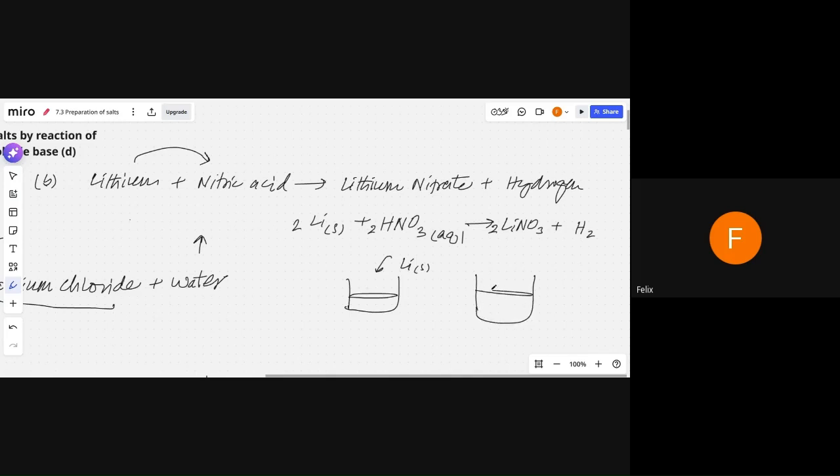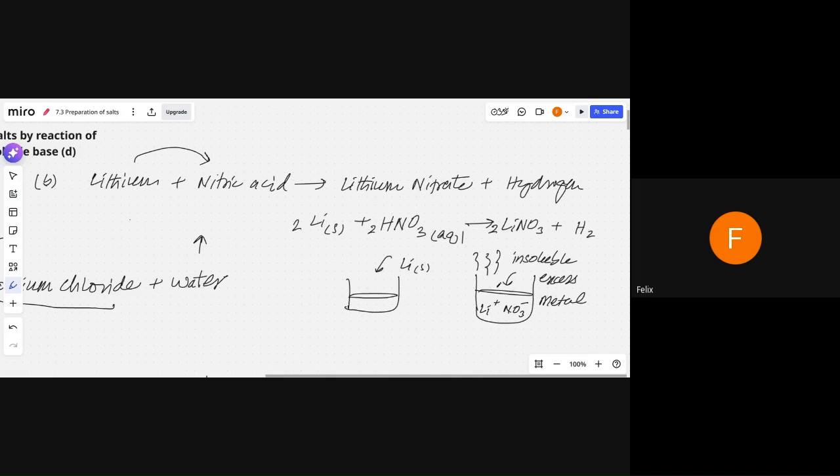We have insoluble excess metal, floating here. We also have the soluble salt, in the form of lithium and nitrate ions. And the hydrogen has evaporated.